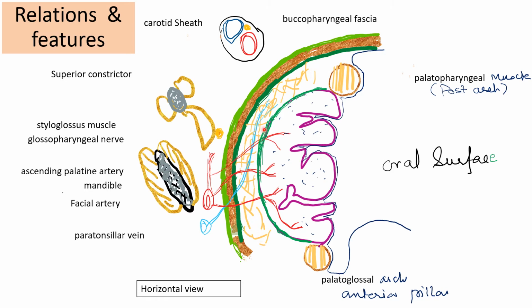This space is important because here we have a vein which is called the external palatine vein or the paratonsillar vein. So this vein which is there in the paratonsillar space is called the external palatine vein, and this will drain into the facial vein or into the pharyngeal plexus of veins which are present in the posterior part of the pharynx.